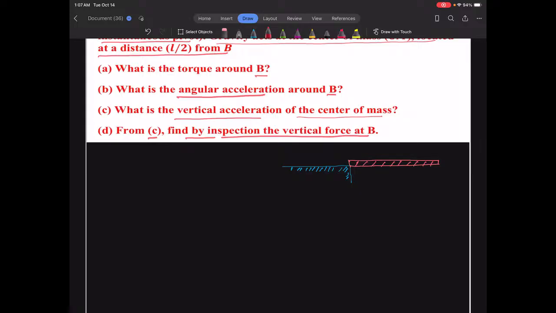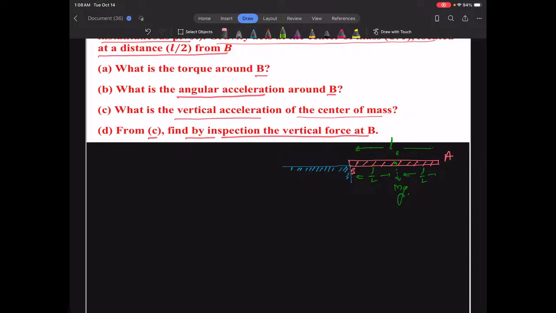It is given that the open point is called A, and the point in contact with the table is called B, and the total length of the stick is L. Let us suppose its center of mass is point C. So its entire mg will be acting at this center of mass, and the length on either side of the center of mass will be L by 2.